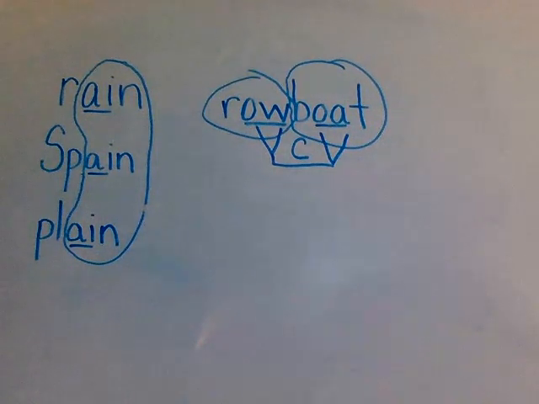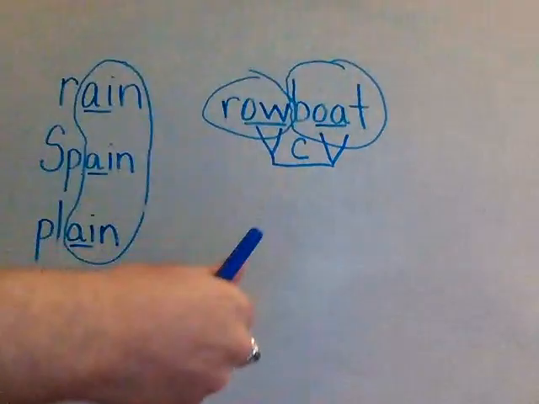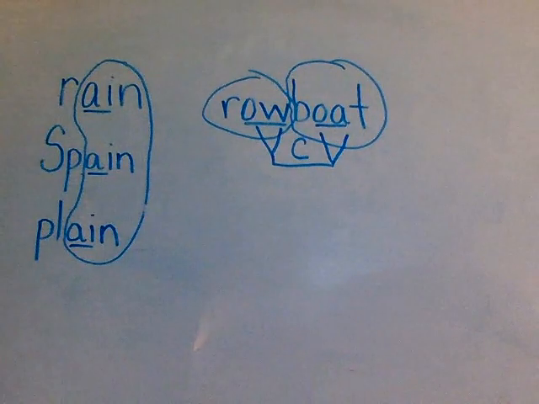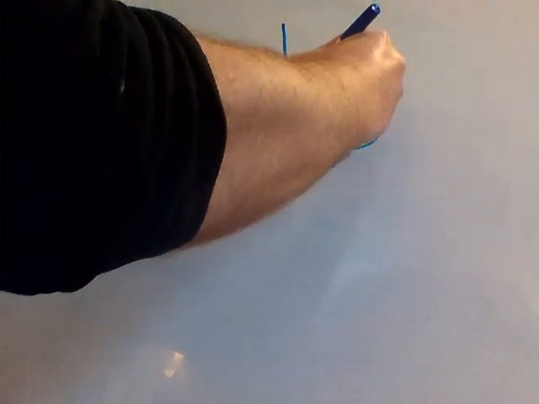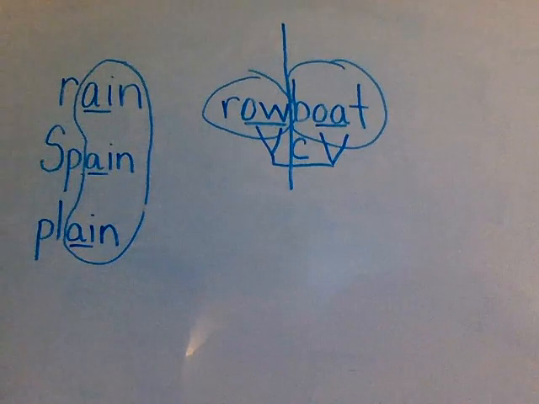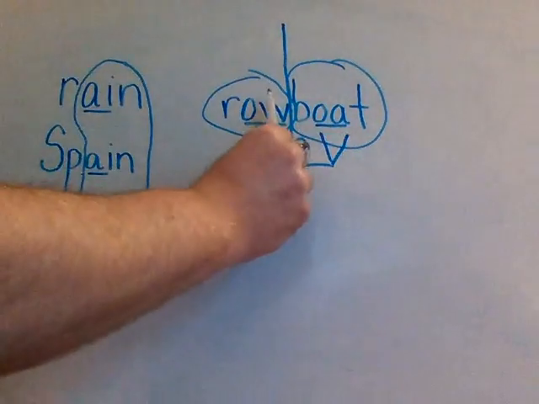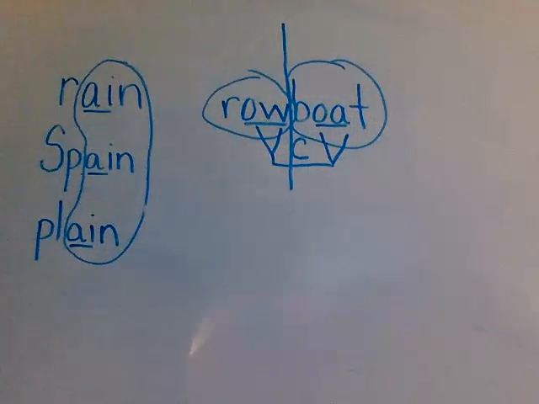Now, if we have just one consonant in between our vowel sounds, a lot of times to make our syllables, we split right before that consonant. So let's do a line to show that. Sometimes we can split after the consonant, but a lot of times we split before.